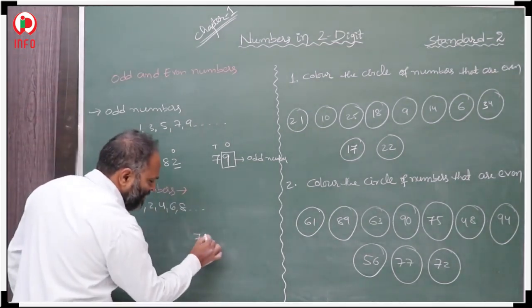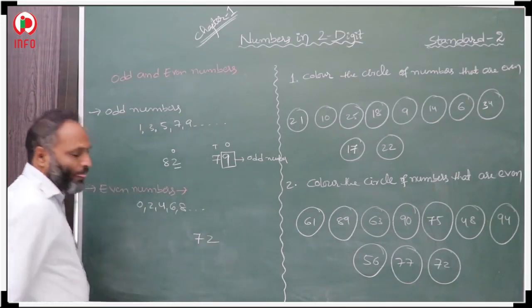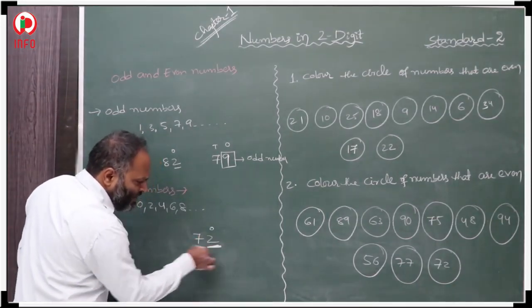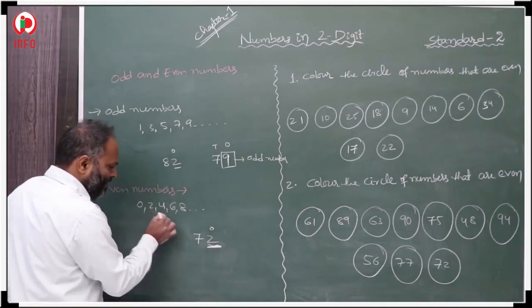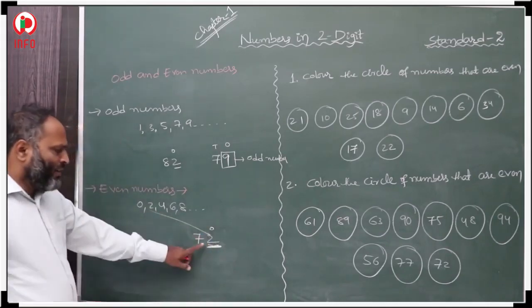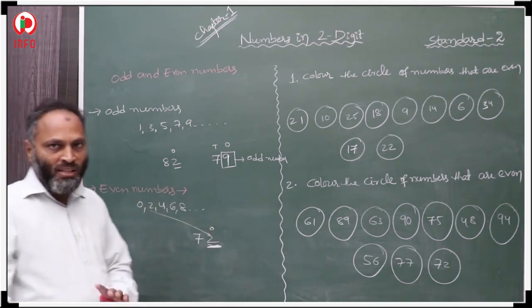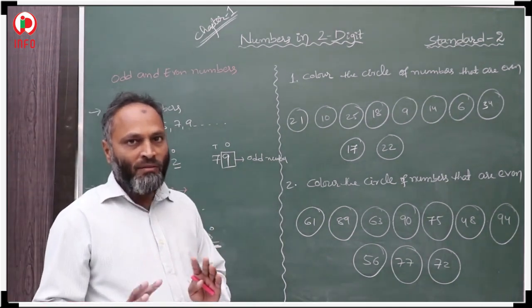Like 72. We have to check in ones place. This is our ones place. Ones place 2 is there. This is an even number, so the number is even.